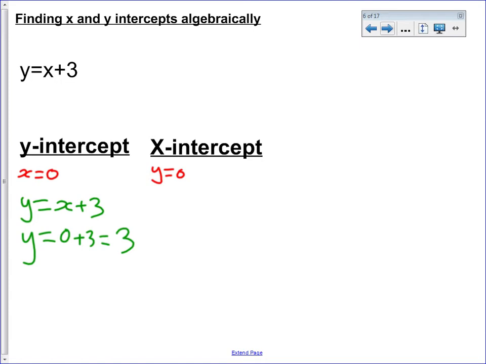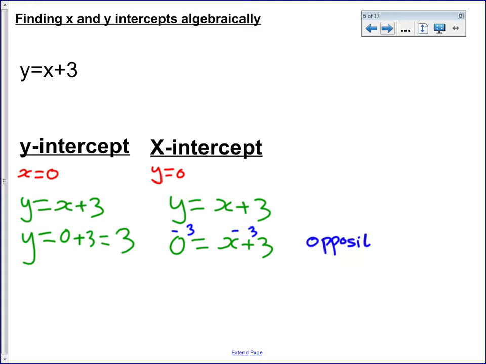Okay, now we plug y is equal to 0 into our equation. y is equal to x plus 3. y is 0. We need to find the x coordinate, so we subtract 3 from both sides, because that is the opposite of plus 3, and we get x is equal to minus 3.